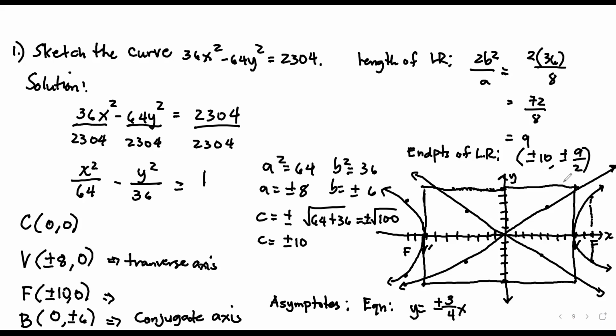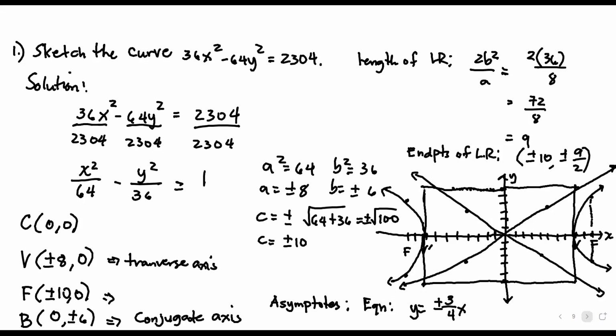Try nyo na lang din dyan i-graph ng maayos. Okay, that's it. Question sa 1. Clear ba tayo sa hyperbola? So, halos katulad din yan ng ellipse. Yung pagkukuha ng mga endpoints, ng mga coordinates.